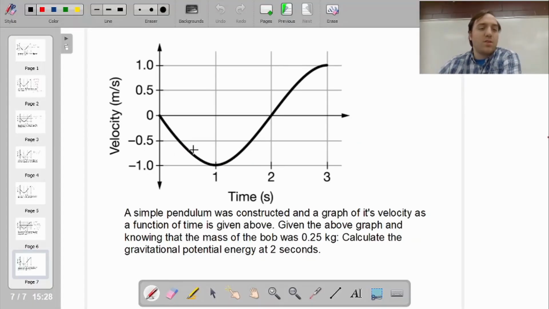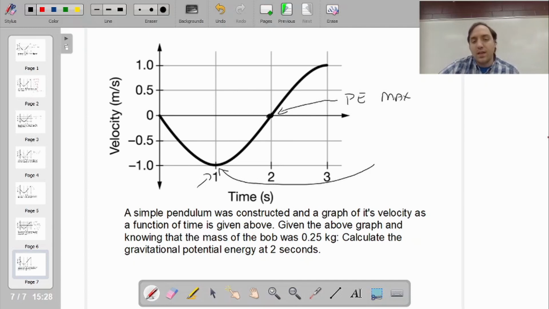This harkens back to a previous question where I was like, how would you calculate the maximum potential energy? At 2 seconds, my velocity is 0, which tells me that my potential energy is at its max. So if I can find my kinetic energy at the maximum point here, that'll be equal to the potential energy here because the energy has to be conserved.